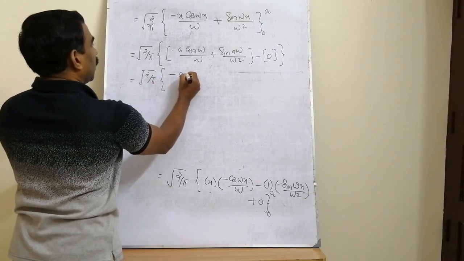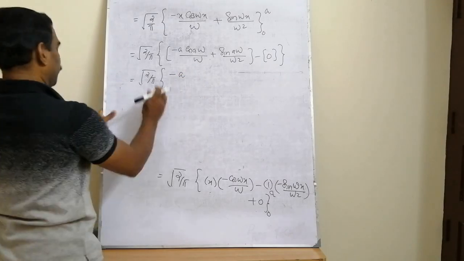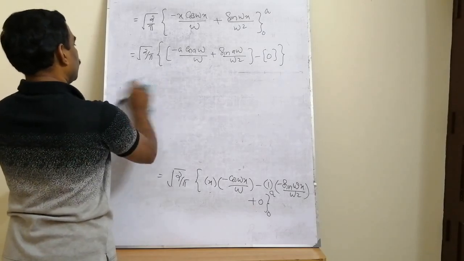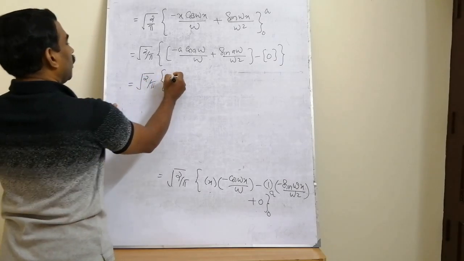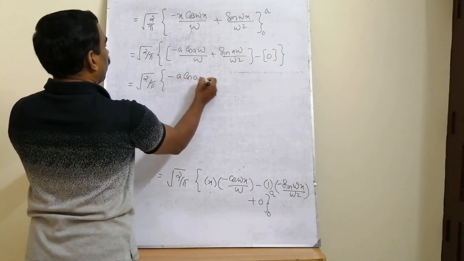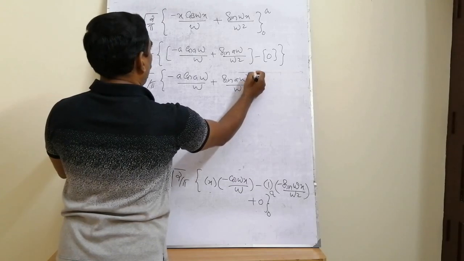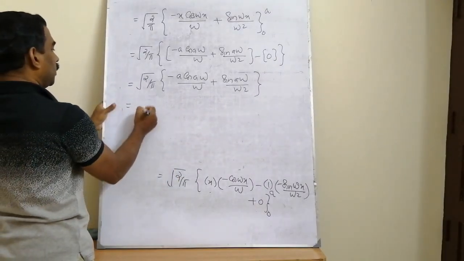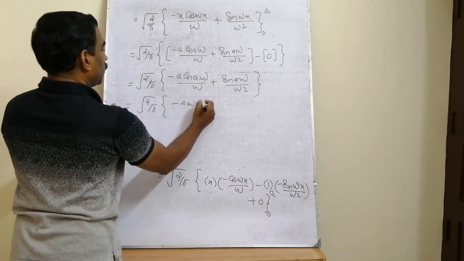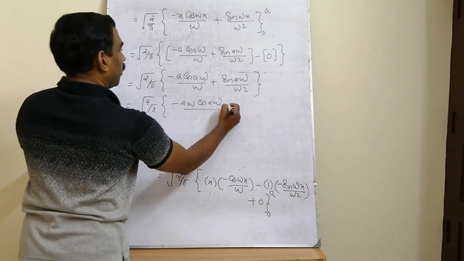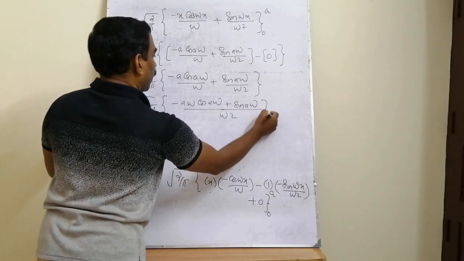This is equal to square root of 2 by pi, minus a cos a omega by omega plus sin a omega by omega square, or we can take LCM, that is square root of 2 by pi, minus a omega cos a omega plus sin a omega, the whole divided by omega square.